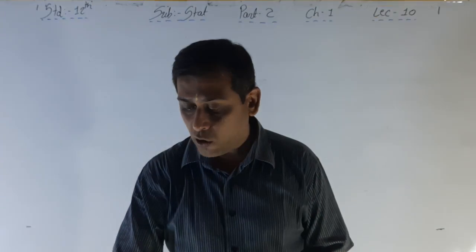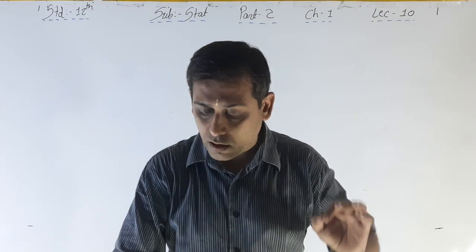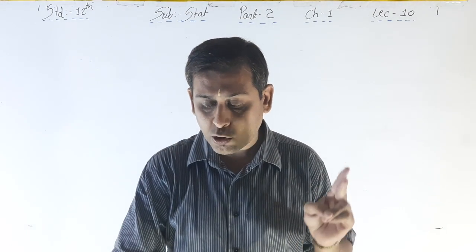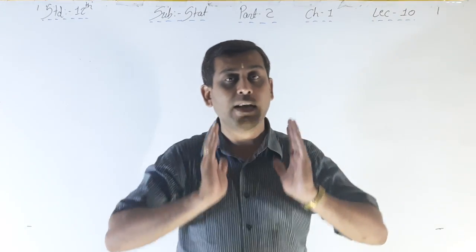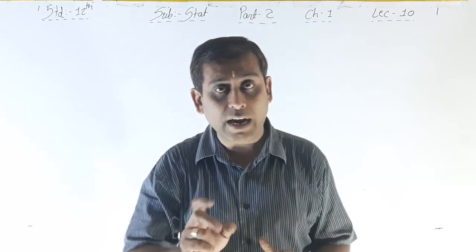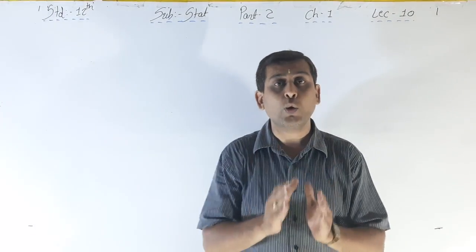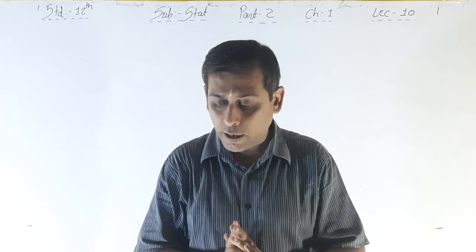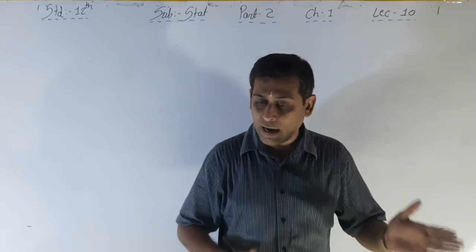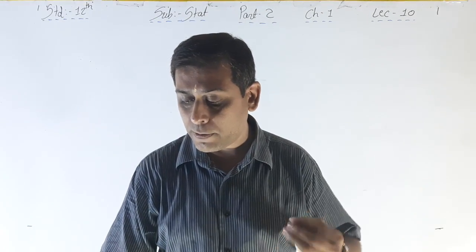Now a boy named Kathan randomly selects 2 chits from this box. Out of total 10 chits, Kathan selects 2 chits. That's why the total number of outcomes is equal to 10C2. Find the probability that Kathan gets the prize.